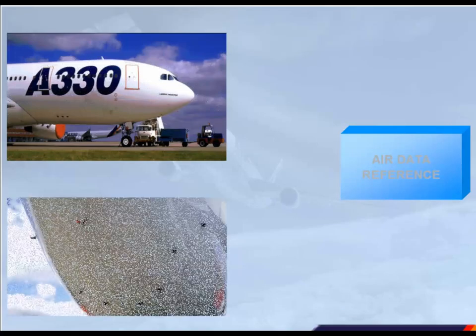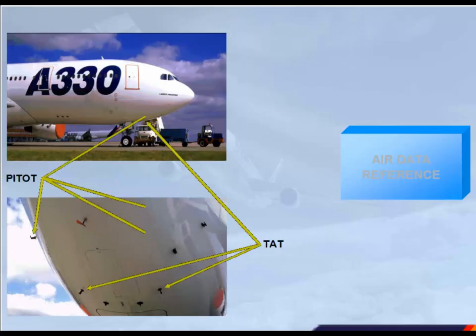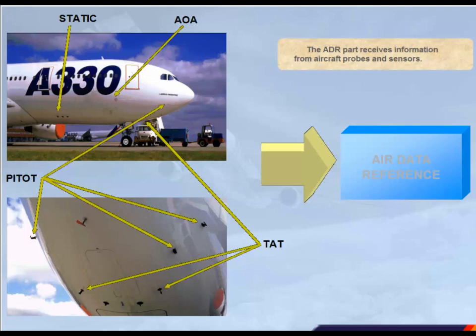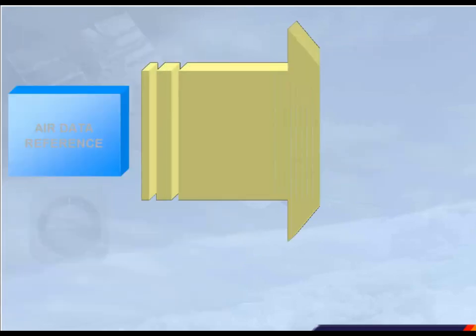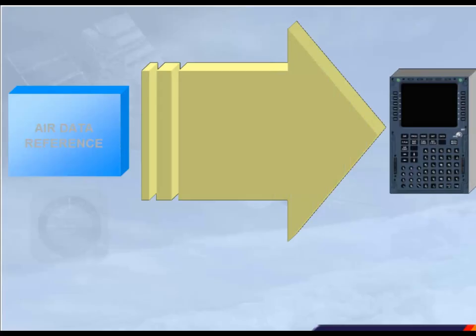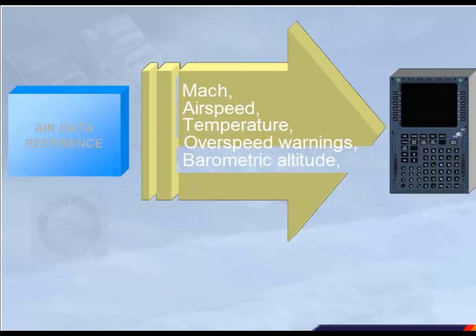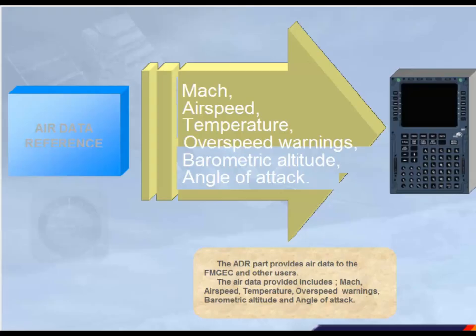The ADR part receives information from aircraft probes and sensors. The ADR part provides air data to the FMGEC and other users. The air data provided includes Mach, airspeed, temperature, overspeed warnings, barometric altitude, and angle of attack.